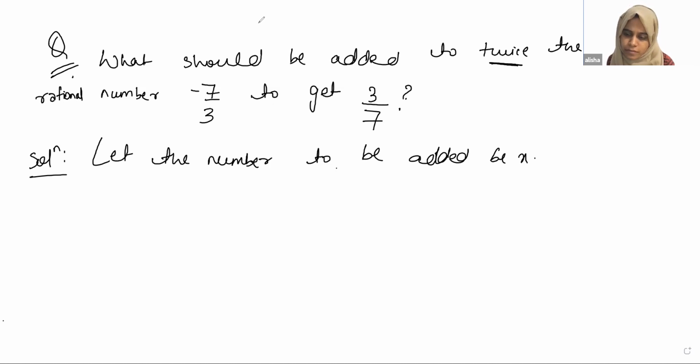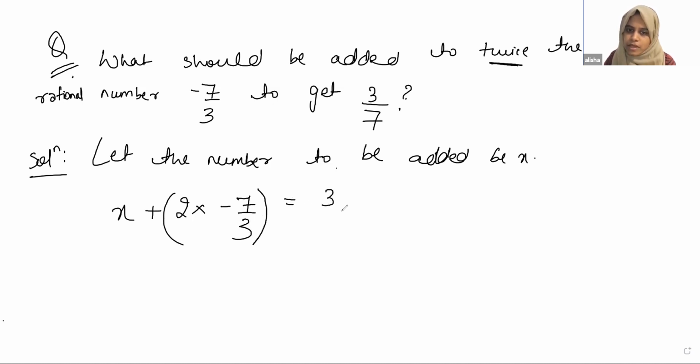Like x plus 2 into minus 7/3. Always write these type of things in bracket, okay? Then equal to 3/7. Very nice.